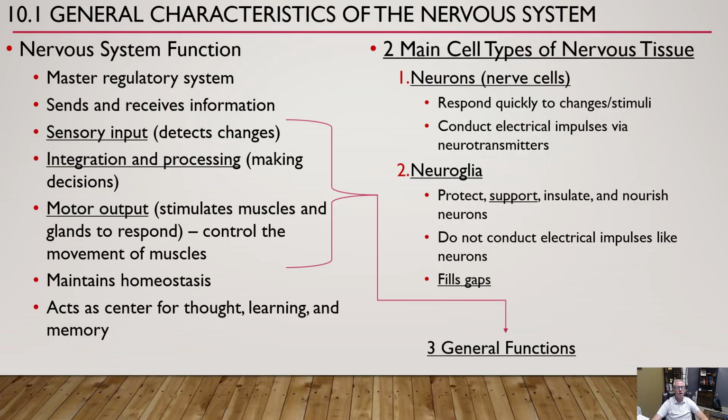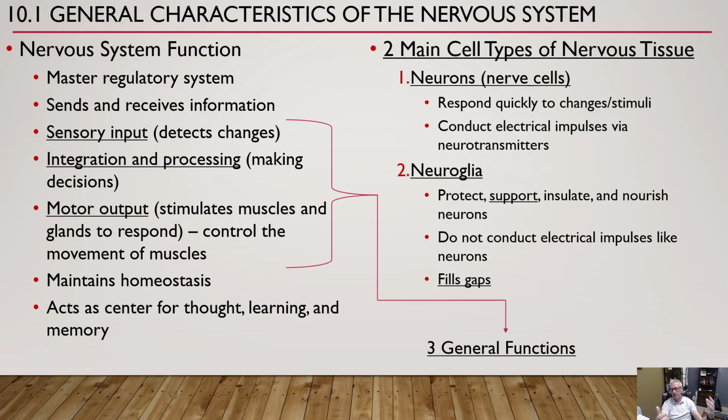All right, so nervous system, what does it do? It's our master regulatory system. It oversees all of our bodily functions. It receives information from the inside of our body and outside world, and it senses that information.